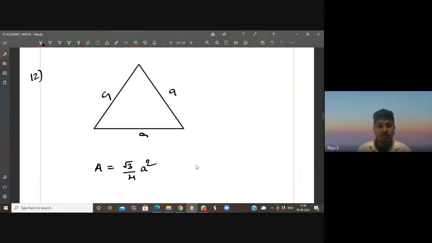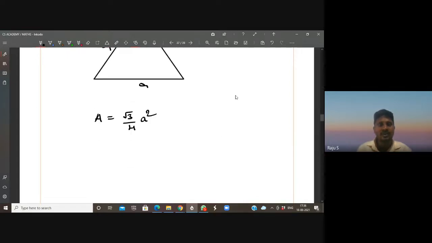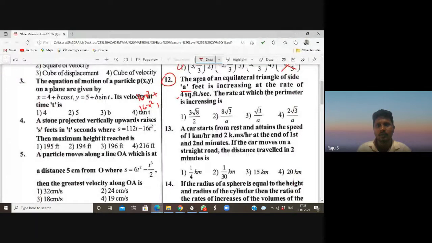Absolutely right. So here I want to differentiate, because the rate of change of area they have given as 4. For each second, it increases by 4 square feet.